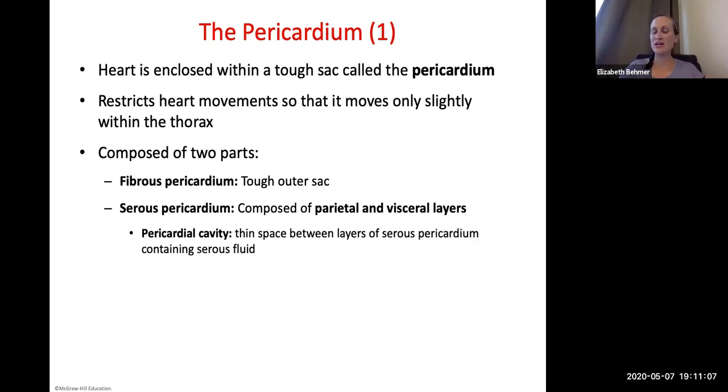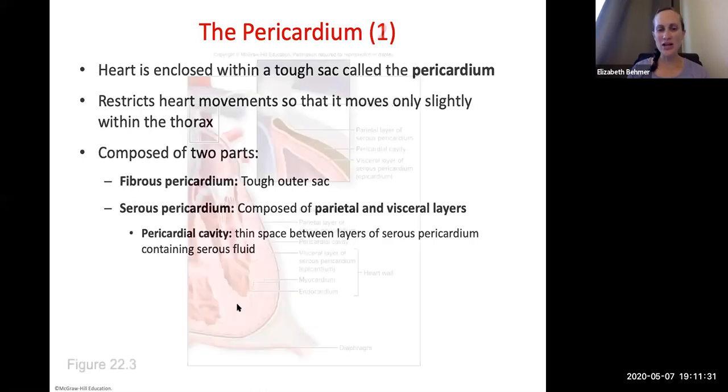The visceral layer touches the actual heart itself, and the parietal layer touches the outer layer. And there's just a cavity between those two layers called the pericardial cavity, and that contains serous fluid. And again, that fluid acts as a little buffer to help keep the heart stable within the mediastinum.